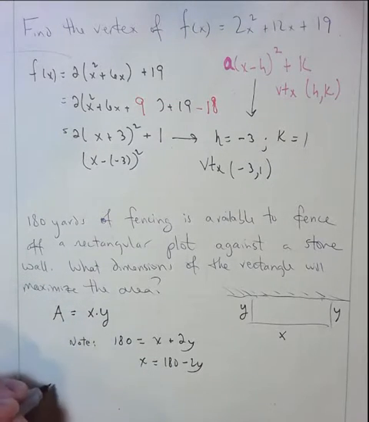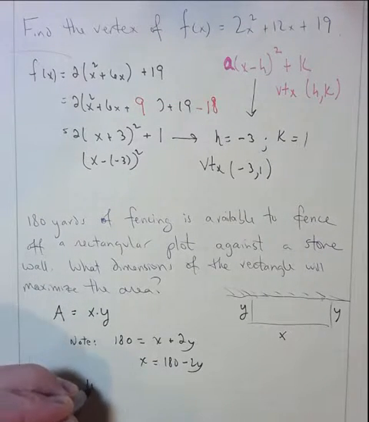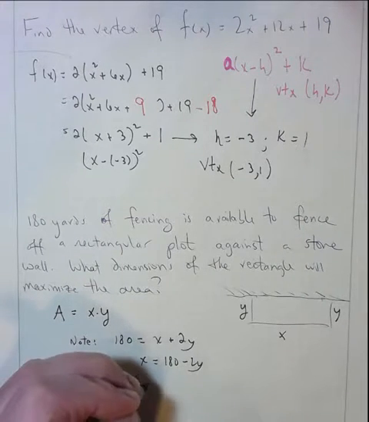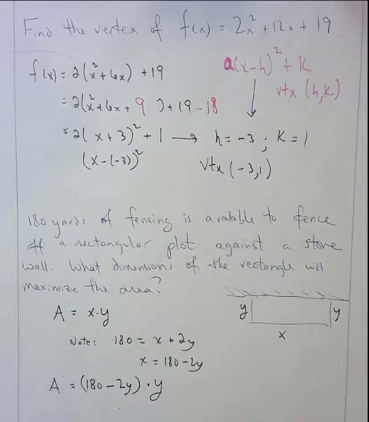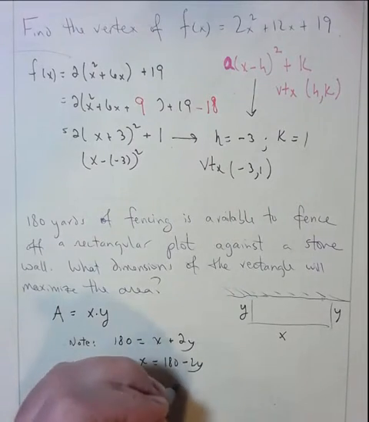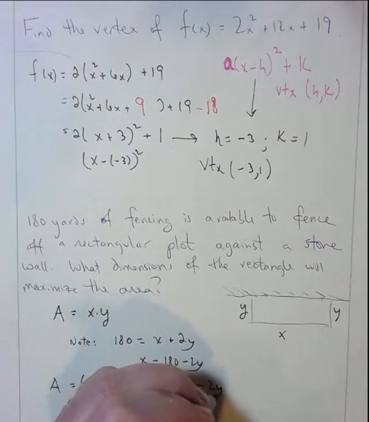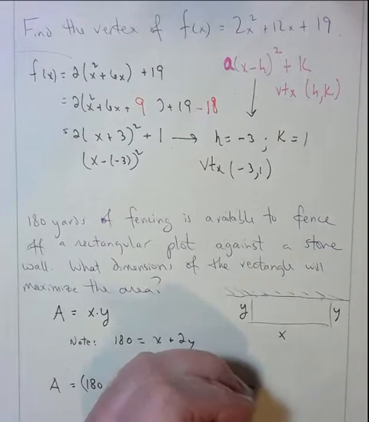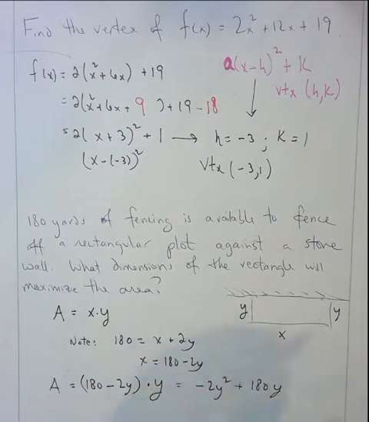And that means that our area can be written as 180 minus 2y times y, which is equal to negative 2y squared plus 180y. And even though it's written with y's instead of x's, we don't care about that. It's starting to look like the equation of a parabola.